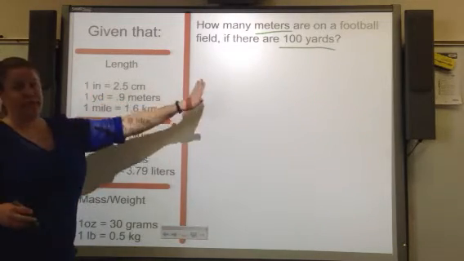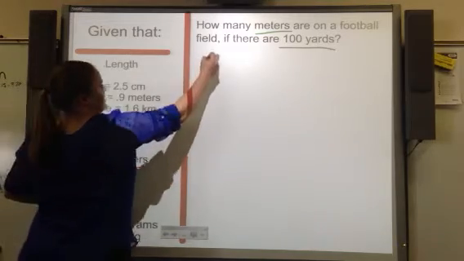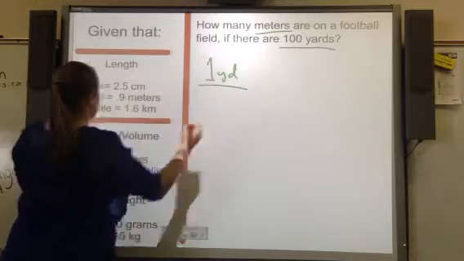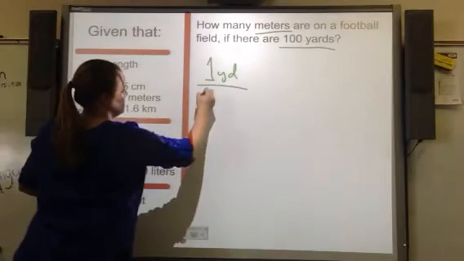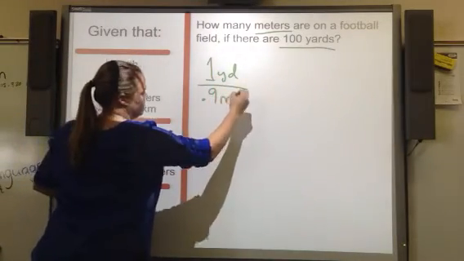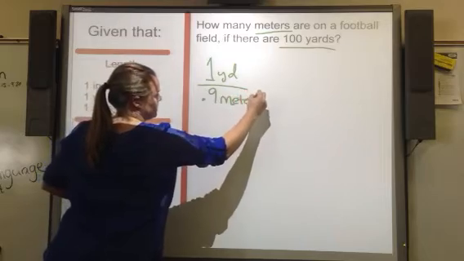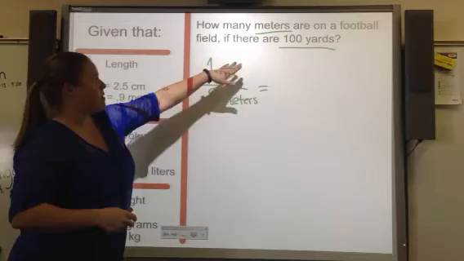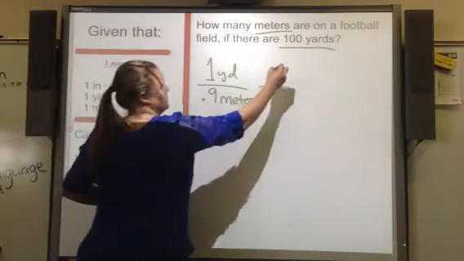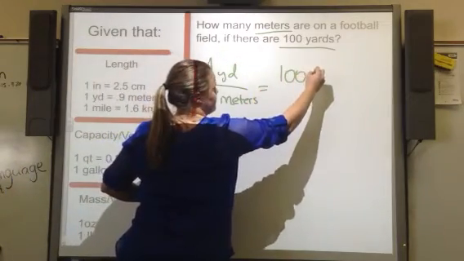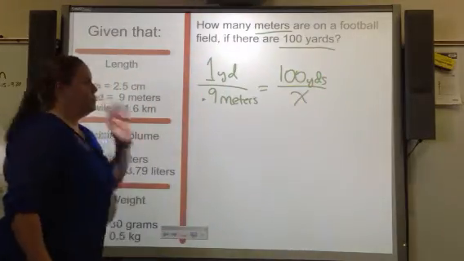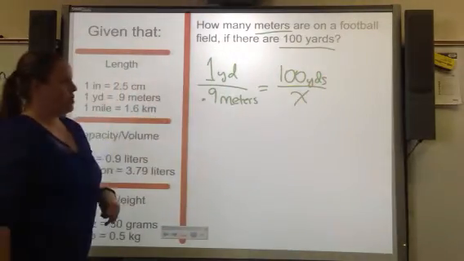So that's the first piece of information I'm going to record. 1 yard equals 0.9 meters. And we're trying to figure out how many meters there are if there's 100 yards. X is my unknown because I don't know how many meters 100 yards is.